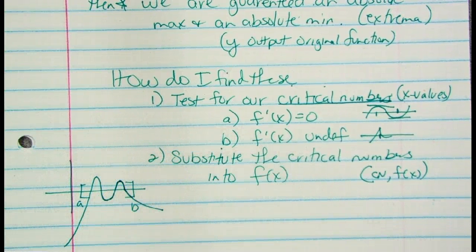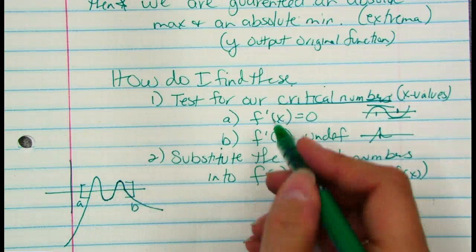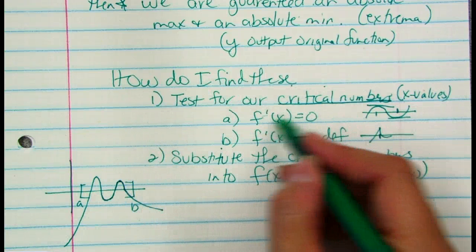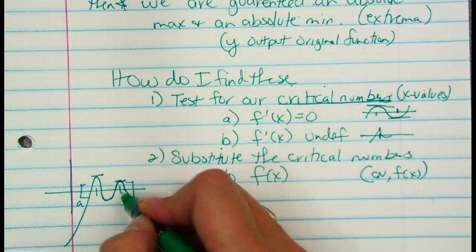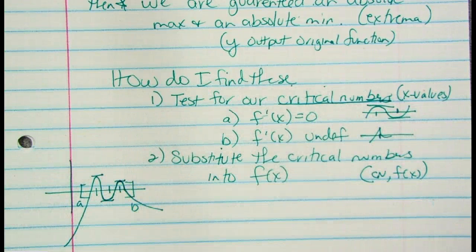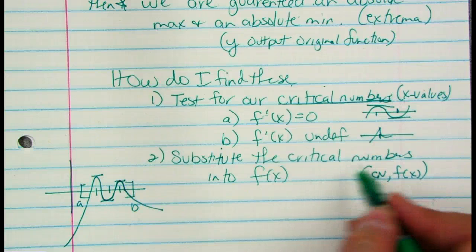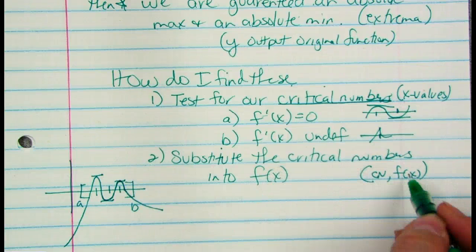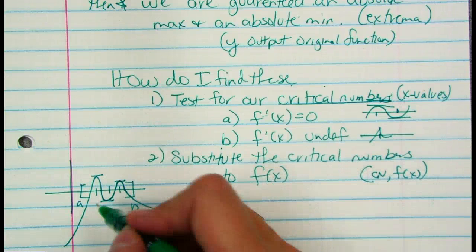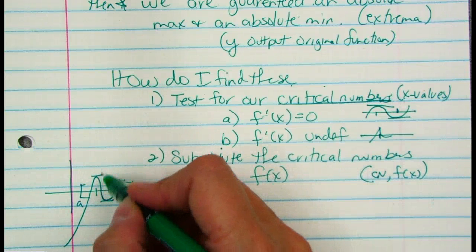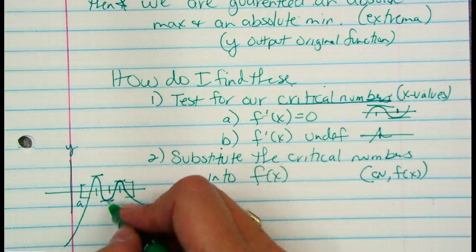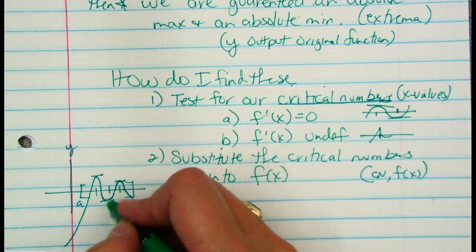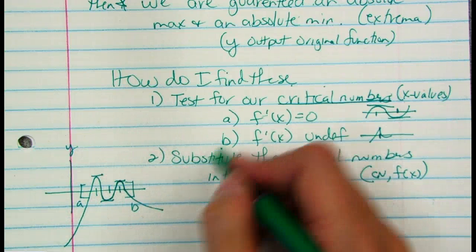From test number 1, from part A, I would find this critical value, this critical value, and this critical value. I would substitute them back into the original function to get my y. So far, this might be my absolute max, the highest y value. This one's not quite as high, and this one is low. Maybe this is my absolute min, because again, I don't have a picture.